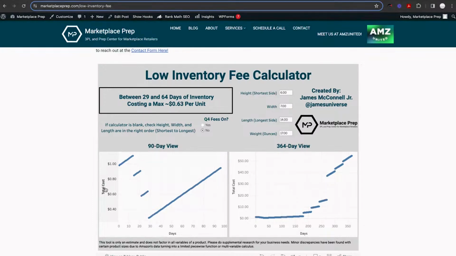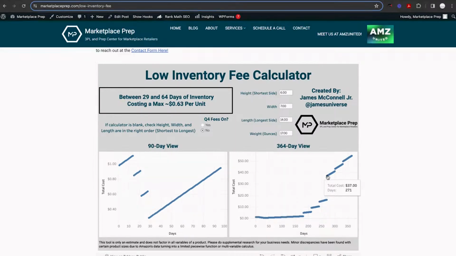It is not for your entire ASIN or all of your inventory. This is all per unit. So I highly doubt anyone wants to pay $37 in storage fees because they have long stock here.